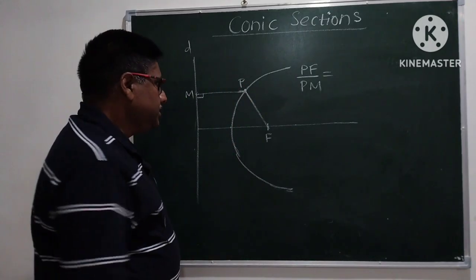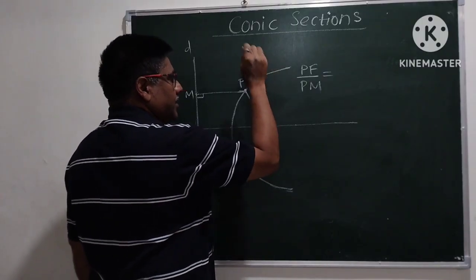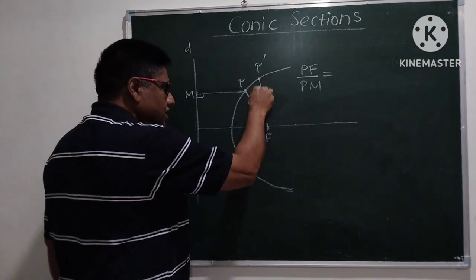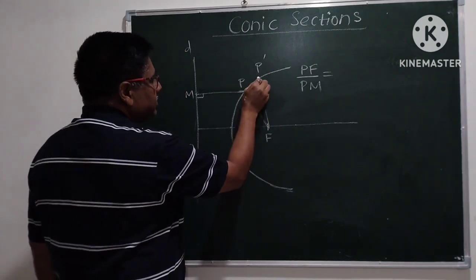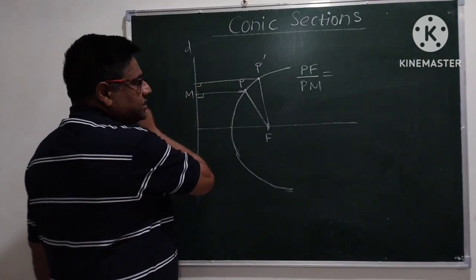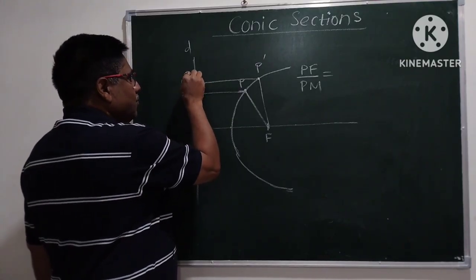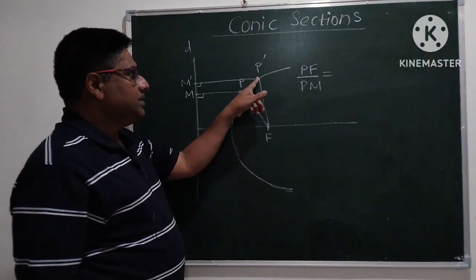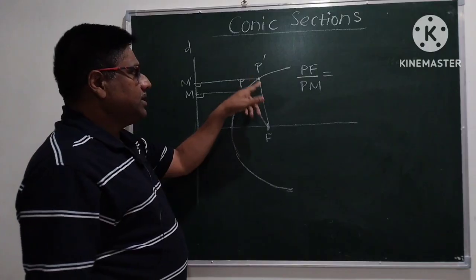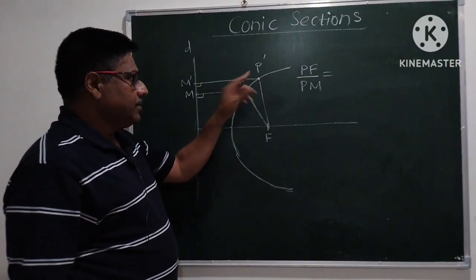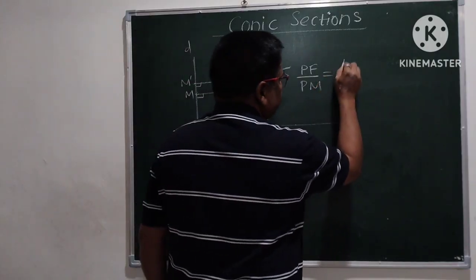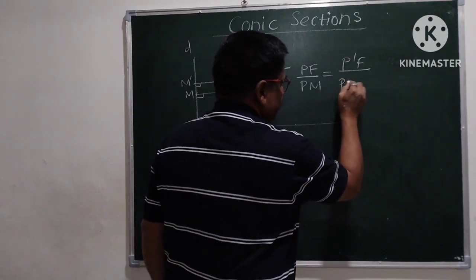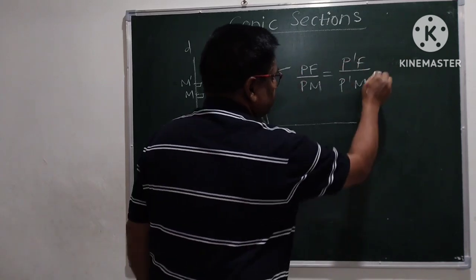Now let us take another point, say P dash. If I again join this point with the focus and drop a perpendicular from this point onto the directrix, let's say this new point is M dash. Now let's take again the ratio of the two distances, that is P dash F upon P dash M dash.